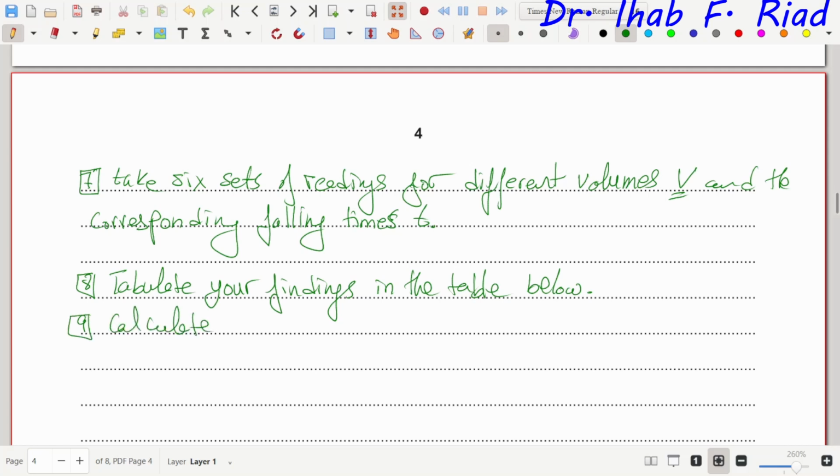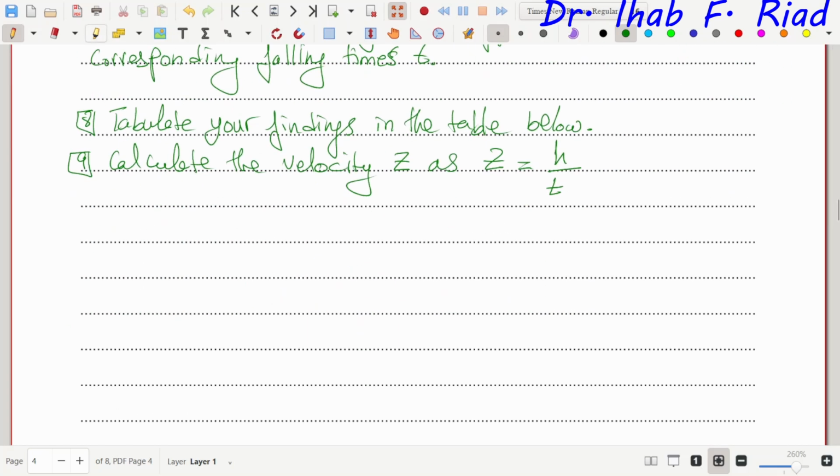Calculate the velocity z as z equals h divided by t. Okay, now we have the table.